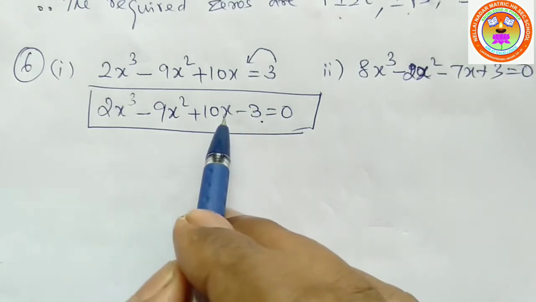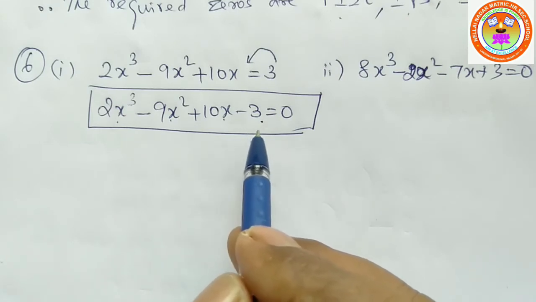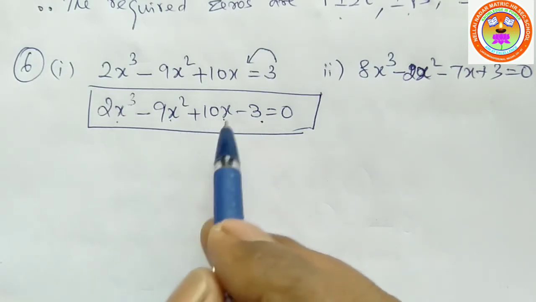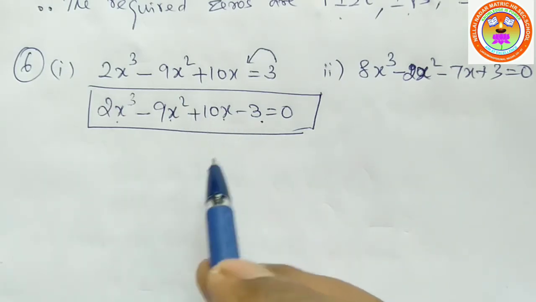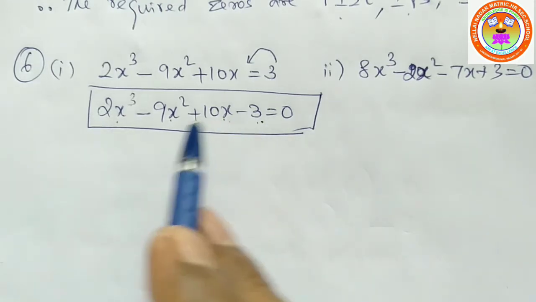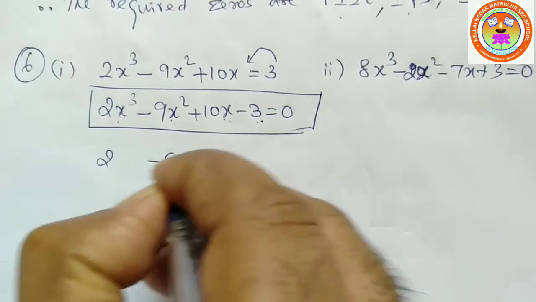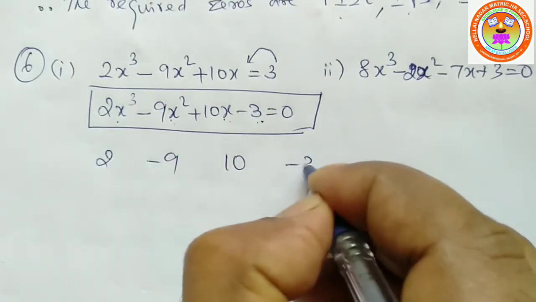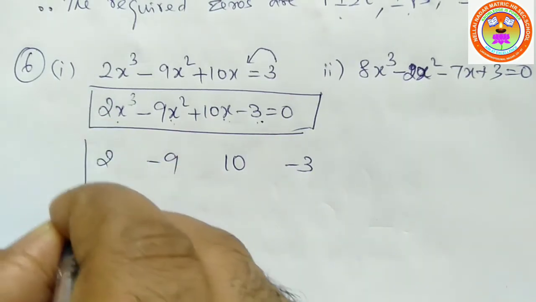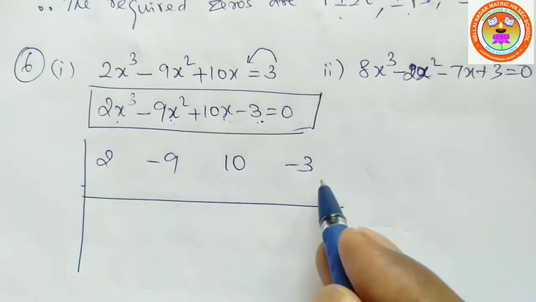See, constant term, x square term, x cube term, all the terms are there. Suppose if any term is missing, in that particular place we have to put a 0. But here we have all the terms. So 2, minus 9, 10 and minus 3. Sum of these coefficients is becoming 0, right?